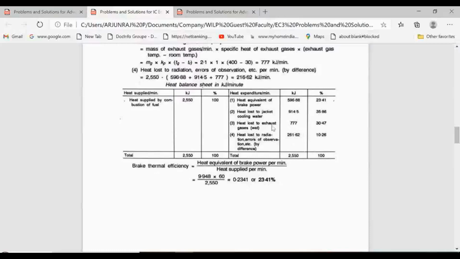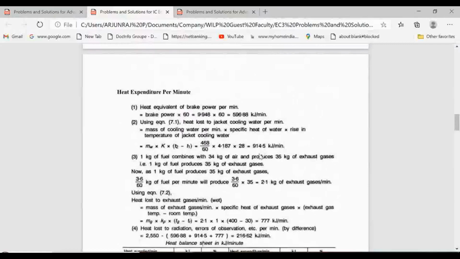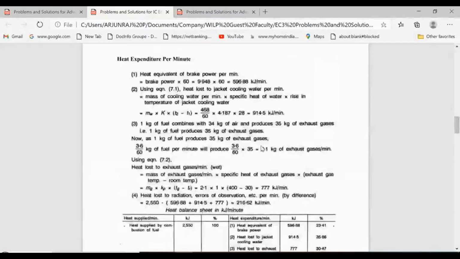Okay, so let us see how we are getting this 914.5. I told you this is nothing but the mass flow rate of water into the CP value of water, and delta T. Delta T is nothing but T2 minus T1, which is 28 degrees. It is given in the problem, 28 degrees.